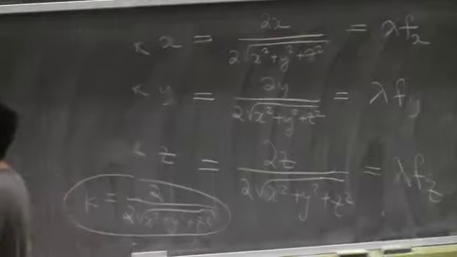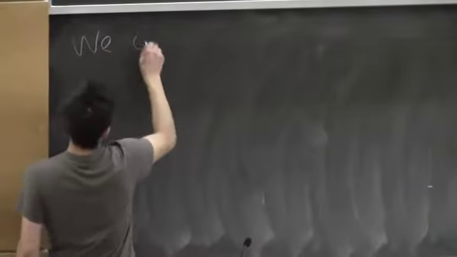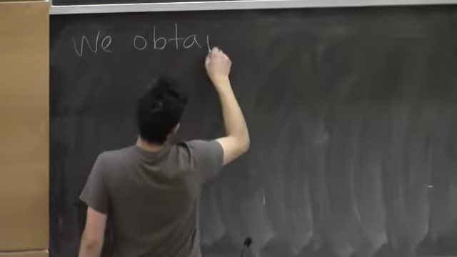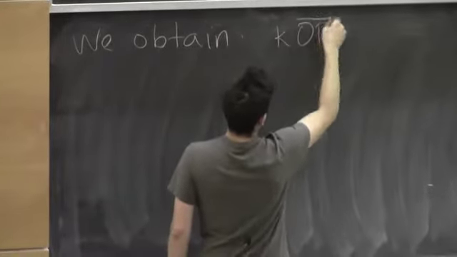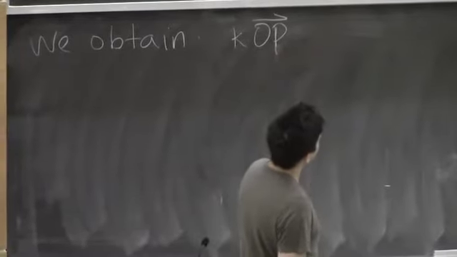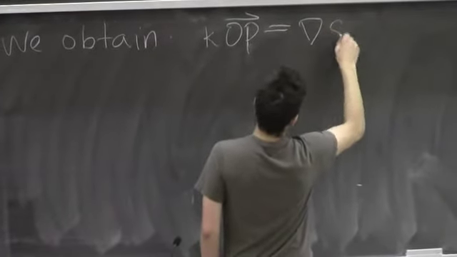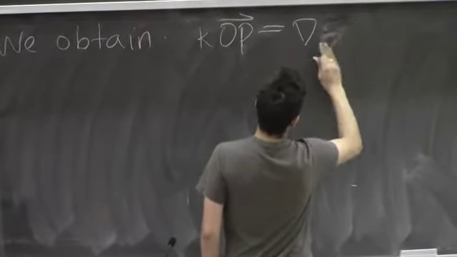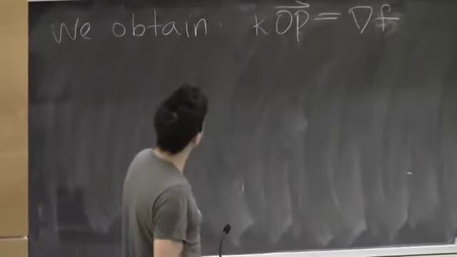So we obtain k times that vector is the gradient of f.